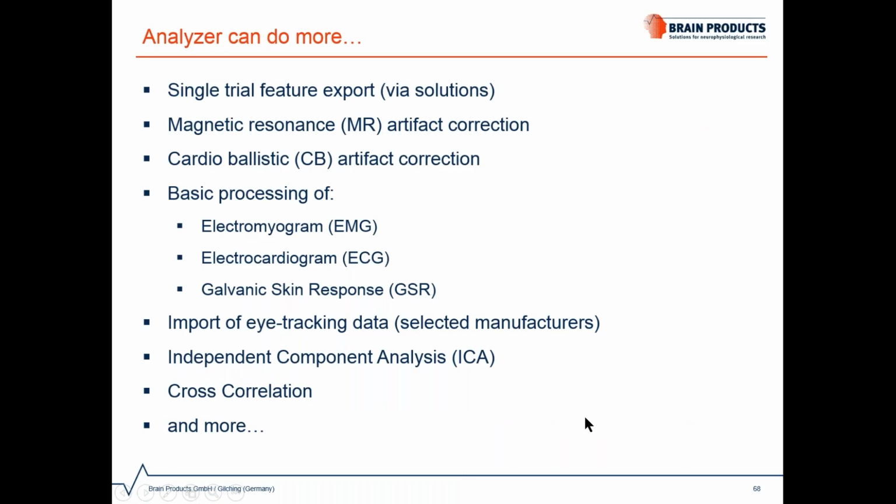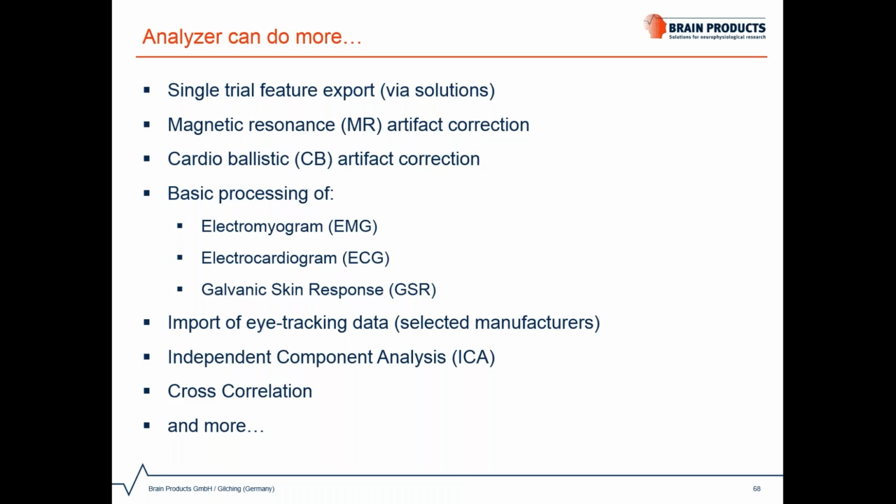As you might have seen before from the transformations menu in Analyzer, Analyzer has much more transformations to offer. We have a single trial feature export. We have magnetic resonance artifact correction as well as cardioballistic artifact correction if you recorded data in an MR environment.